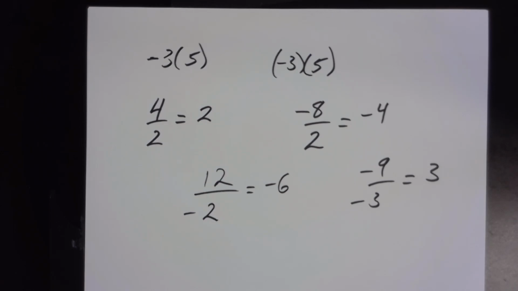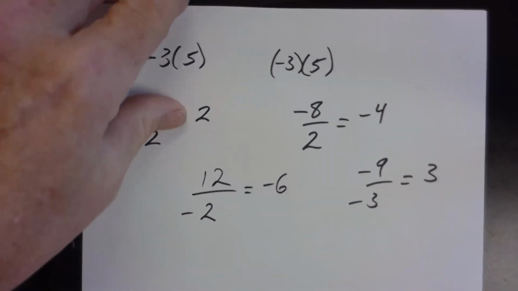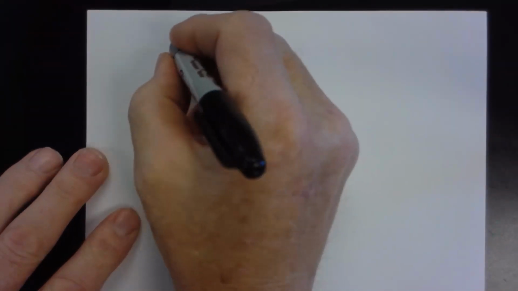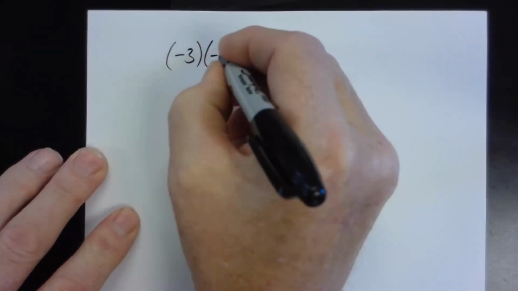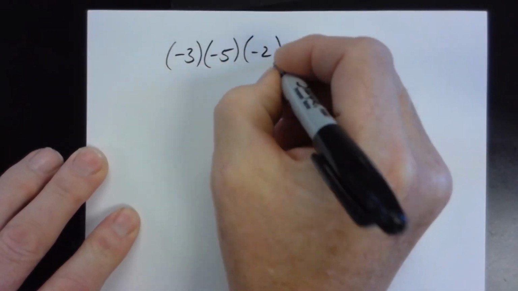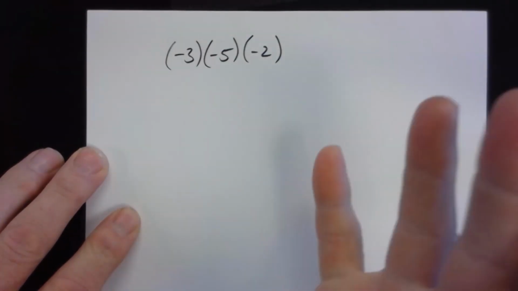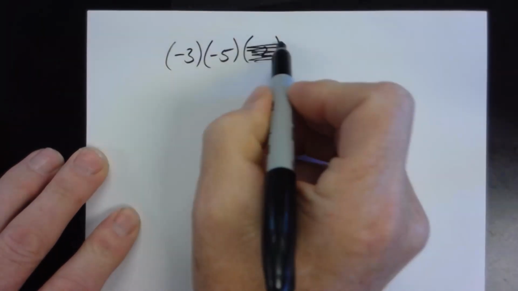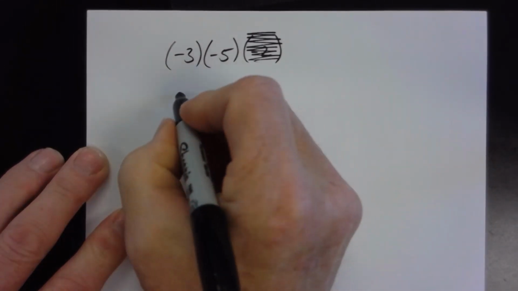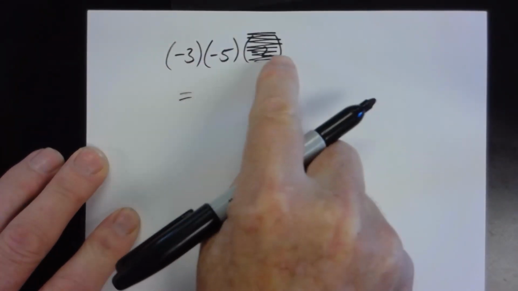Now, for today, we're only multiplying 2 numbers together at a time. So we're not going to get any problems today where we have, like, negative 3 times negative 5 times negative 2. Okay, that'll come later, although it's not really any harder. Wait a minute, wouldn't that have been negative though?